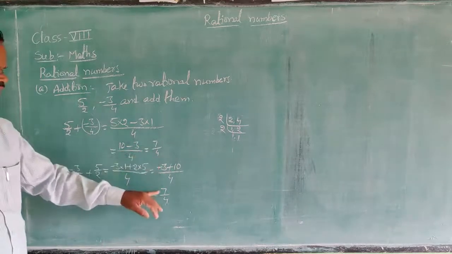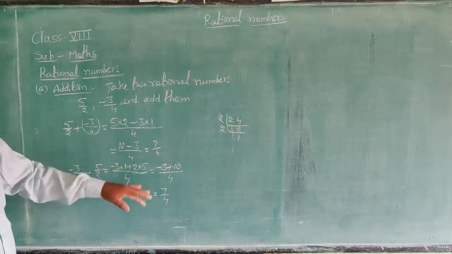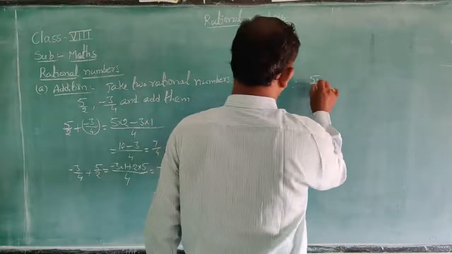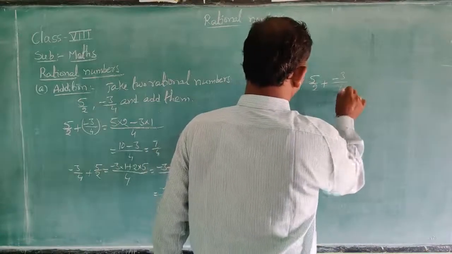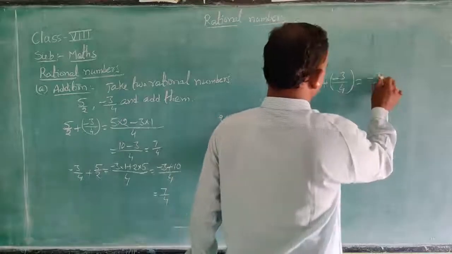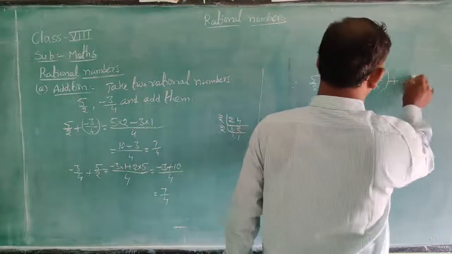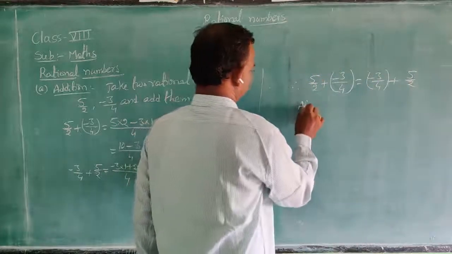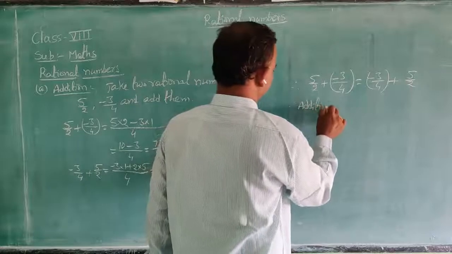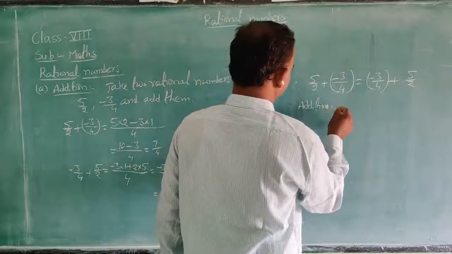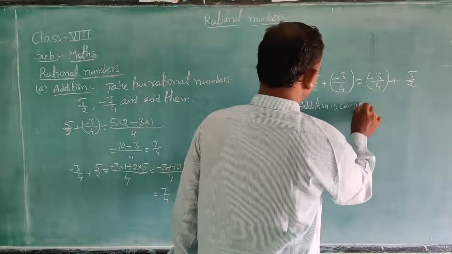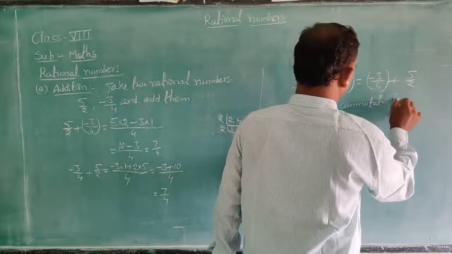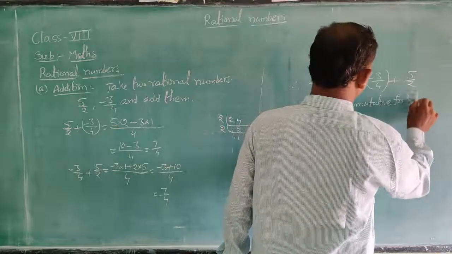Here the value is 7 by 4 and this is also 7 by 4. These two values are equal. 5 by 2 plus minus 3 by 4 is equal to minus 3 by 4 plus 5 by 2. This is commutative for rational numbers.